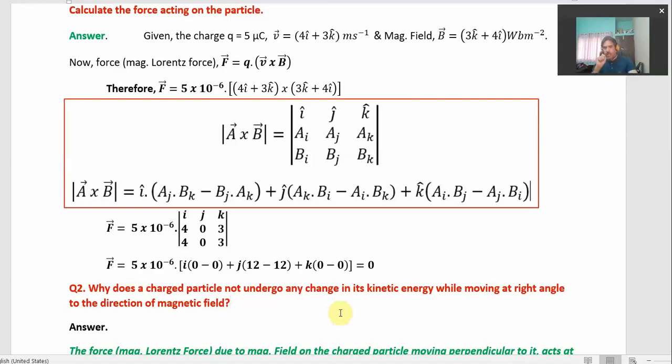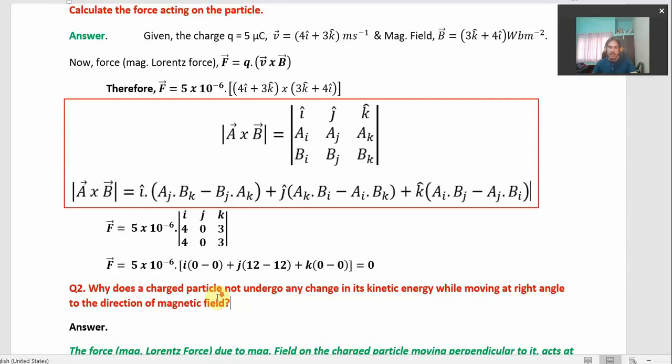So from the learning of Lorentz force, the magnetic Lorentz force, which is actually acting in this case on the charged particle, we know that it acts perpendicular to both the magnetic field and the direction of motion of the charged particle. So that means the force acting on it is perpendicular to the direction of motion.